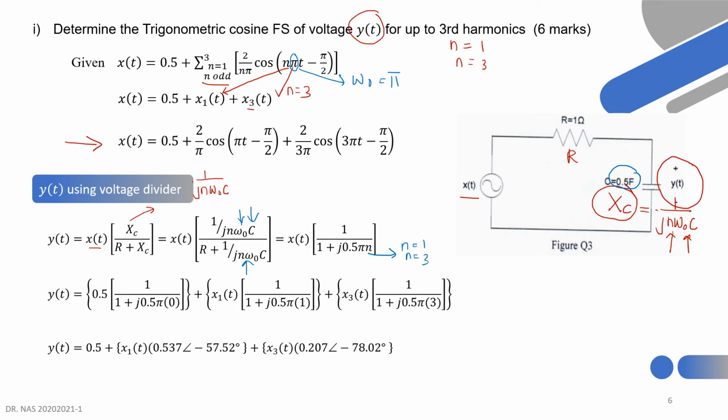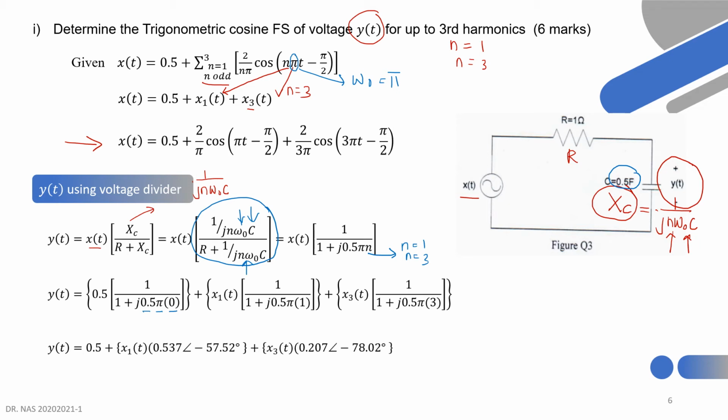Okay, so now expand the equation by considering n. The first one, y(t) equals x(t) multiplied with the total impedance in this case: 1 over j 0.5 is C, this is omega naught, and this is your n.